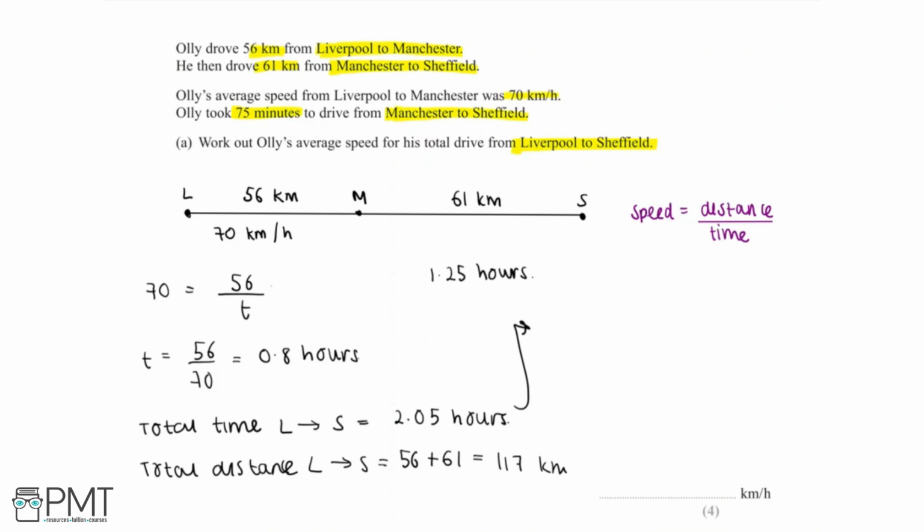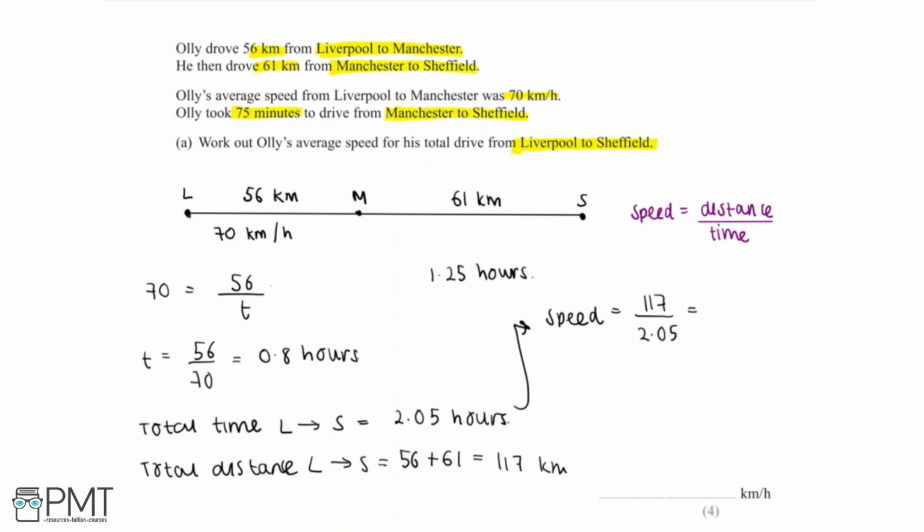Now we need to work out Ollie's average speed for his total drive from Liverpool to Sheffield. And so we've found out the total time and the total distance. We can use these values to now find out the speed. So we'll say that speed equals distance over time. So we have a distance of 117 divided by a total time of 2.05.